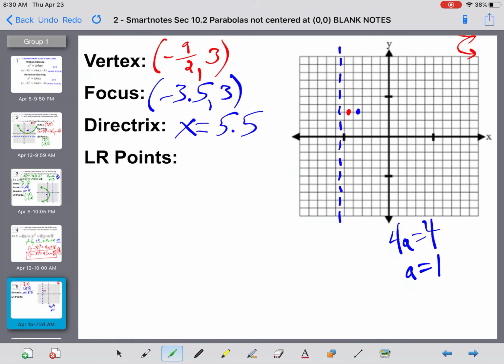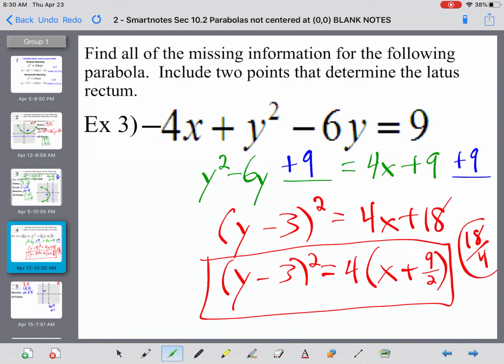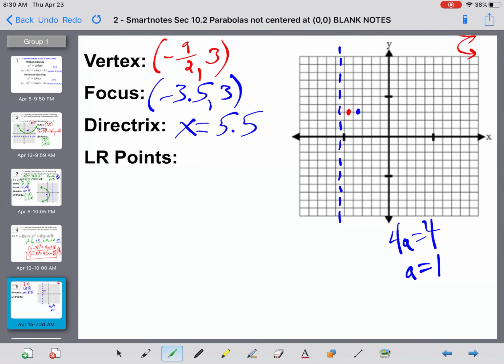The focal width points from the focus, right? The latus rectum focal width is only 4 units long. So I'm going to go up and down 2 from the focus and label those points. Those are both at -3.5.